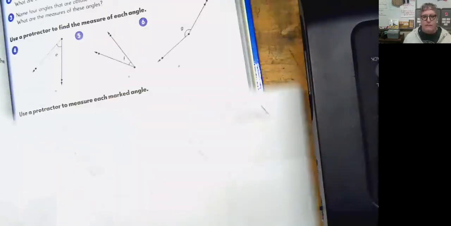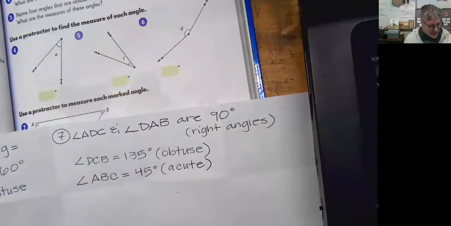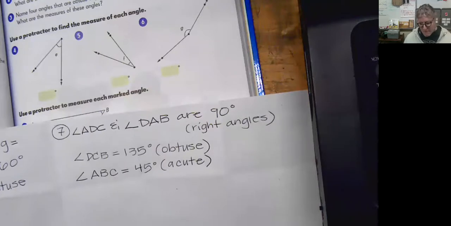Okay, there's my paper. Was off camera for a second. So one of the things about doing this is that the more you do it, the better you get at it, the faster you can do it. By the time you get to 6th grade, you will remember all of this information and it will be really easy for you to measure angles, right?